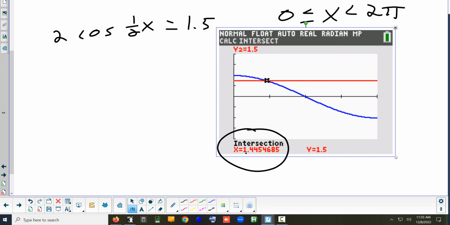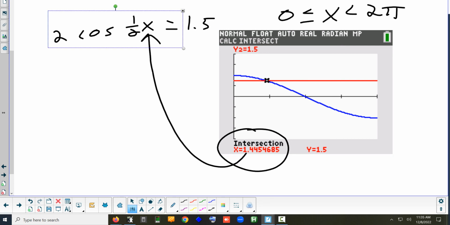So that's the number that you could fill in right there. Multiply it by 2, take the cosine, and then take that number, multiply it by 1/2, then take the cosine, then multiply it by 2, and you should get 1.5. So you're solving for a number that you can plug into a trig function.